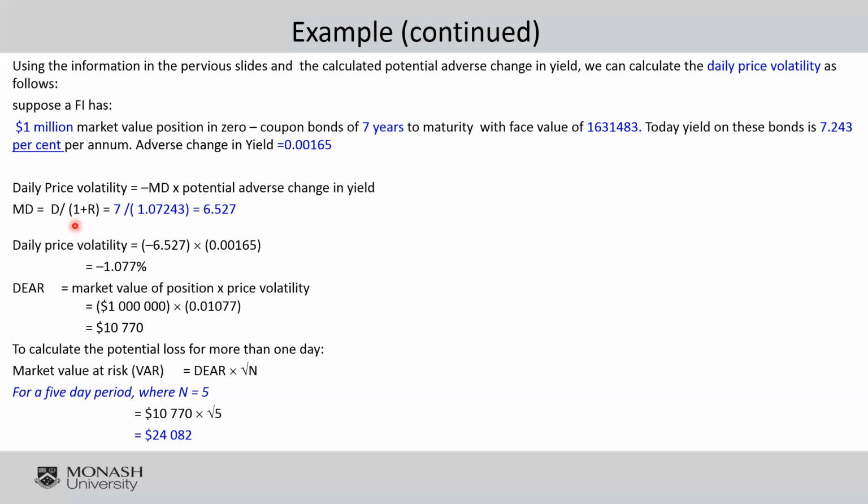But now we move to another issue. What if we wanted more than 1 day? We wanted, for example, a week, and the week is 5 days. So we come to something called the VaR. The VaR will take the DEAR times the standard deviation, n under the square root.